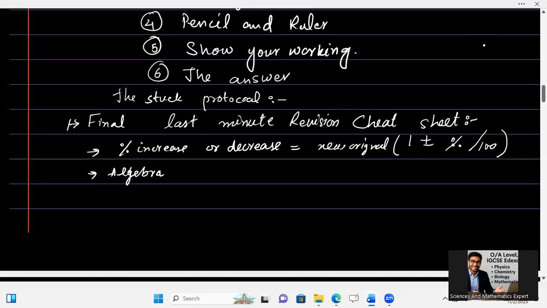And for graphs, you should know change in y over change in x. For the y-intercept, x is equal to 0.